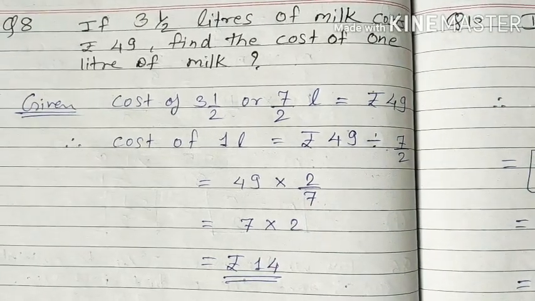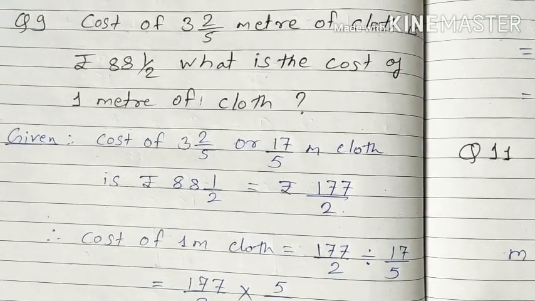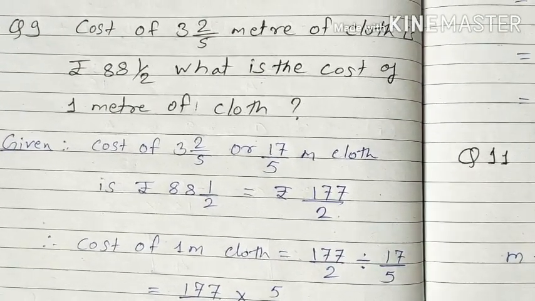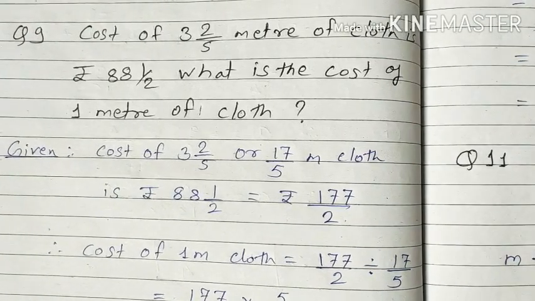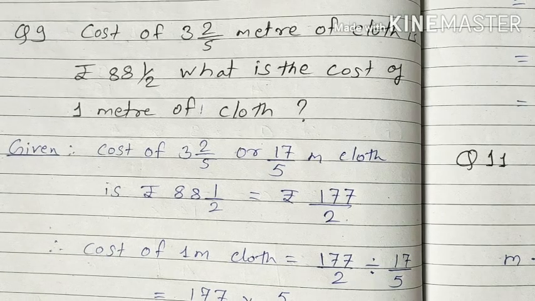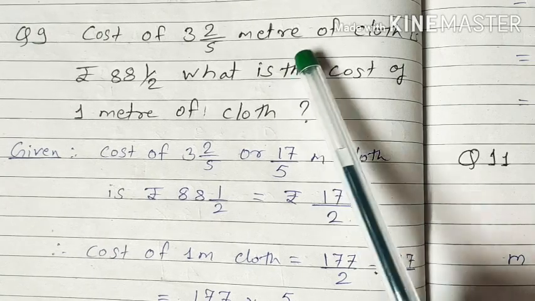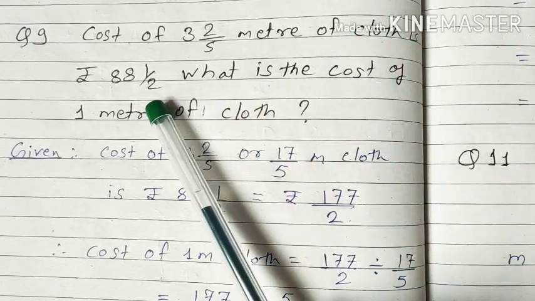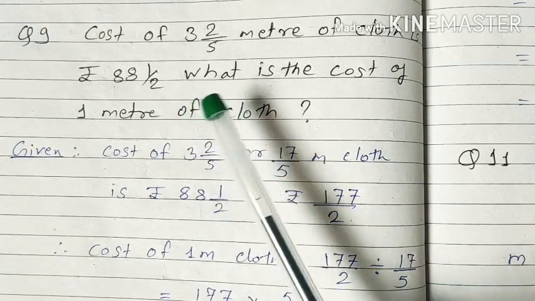Okay. Next, question number 9. The cost of 3 integer 2 by 5 meters of cloth is rupees 88.5.